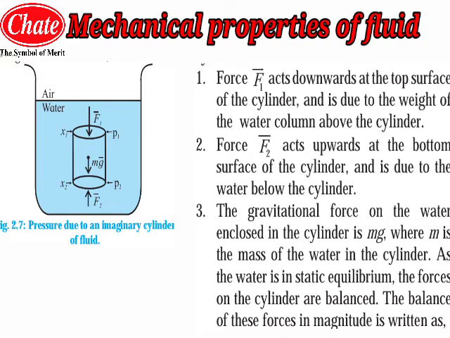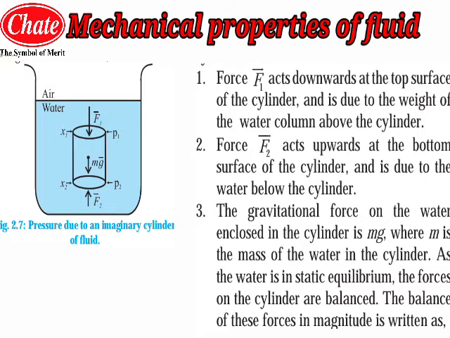The F2 force is the force at the bottom surface of the imaginary cylinder, created by the liquid lying below the base of the cylinder. And the third is the gravitational force given by mg, which acts on that cylinder inside the container.